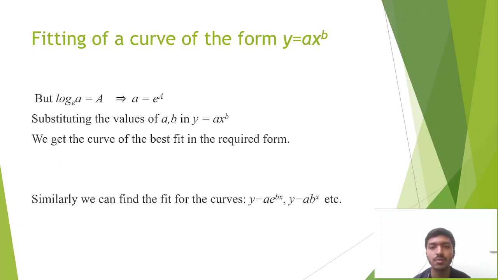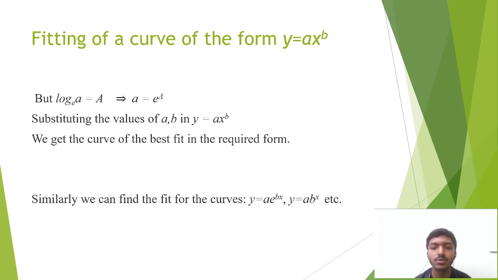After we have found the values of the parameters, we then find out the values of the variables. In this case, we have found the value of capital A, which is an unknown parameter, and then subsequently, because A = log of small a to the base e, we find out the value of variable a. We substitute the values of a and b in y = ax^b, and thus we get the curve of best fit in the required form.